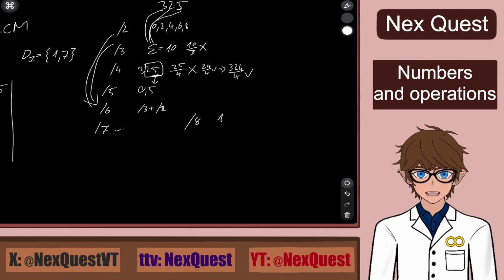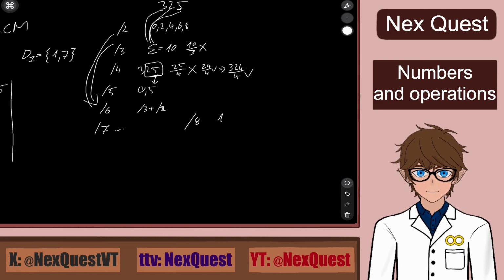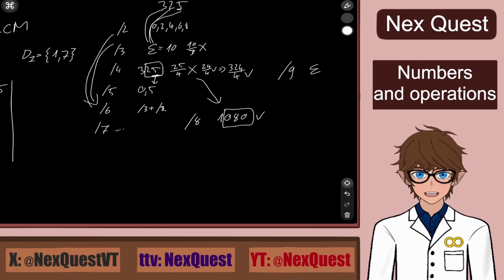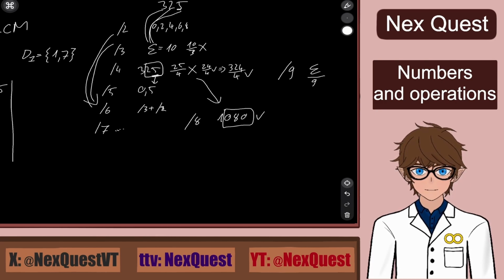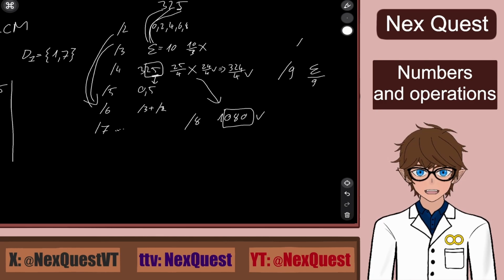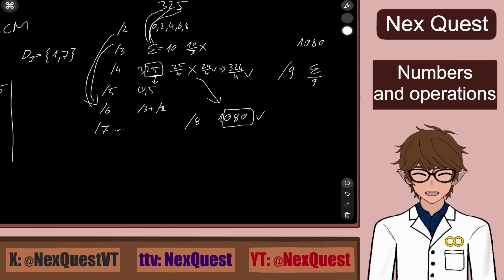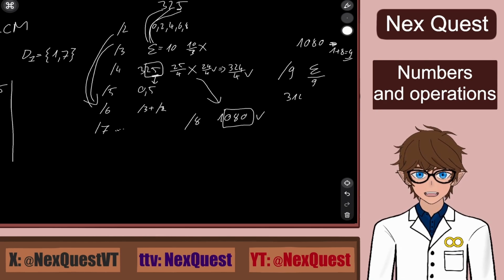It's basically a stronger rule than for 4. Next up, and last one, is number 9. If the sum of all the digits, for instance of 1080, is divisible by 9, then the number is divisible by 9. So this one is, for instance, 3149.